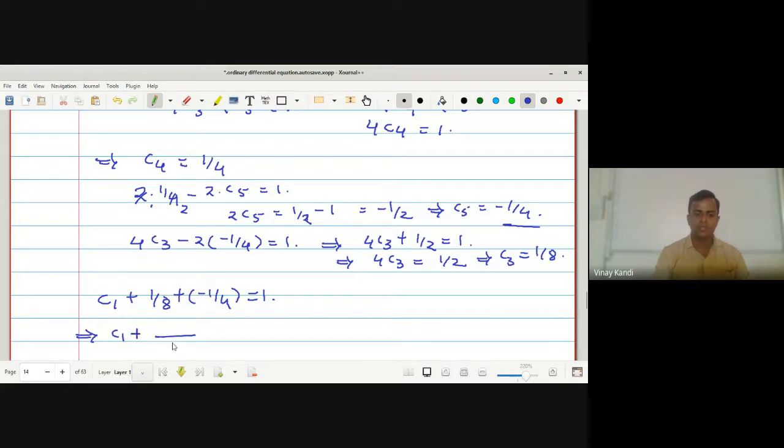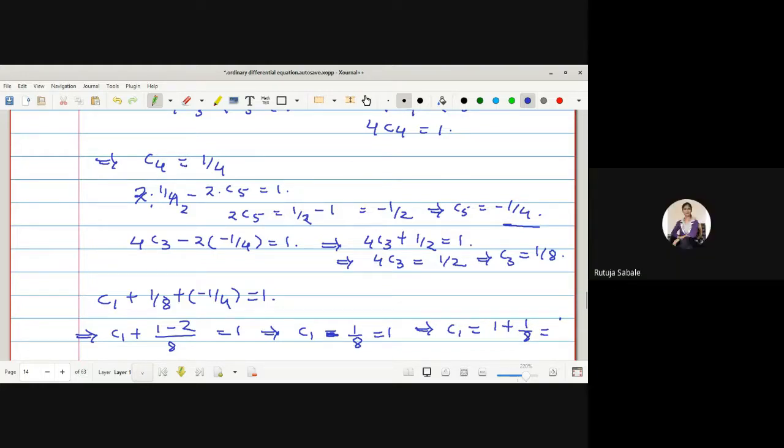Plus upon 8, 1 minus 2, which is equal to 1, which implies C1 minus 1 by 8 which is equal to 1, which implies C1 is equal to 1 plus 1 by 8 which is equal to 9 by 8. Yes sir.